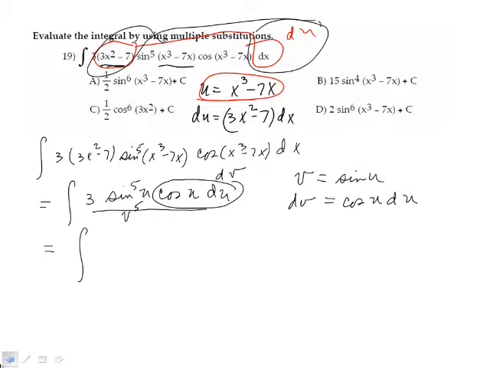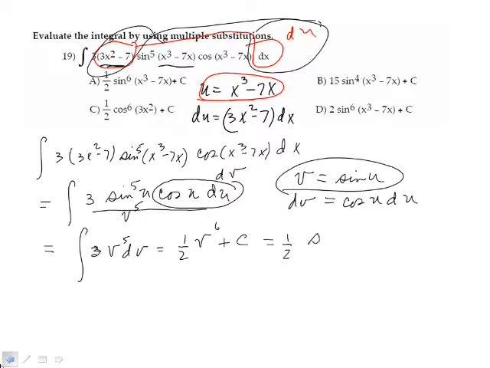Doing the substitution, we get 3v to the fifth dv, which is equal to 1/2 v to the sixth plus c. Well, v happens to be sine of u, so this is equal to 1/2 sine of u to the sixth power plus a constant.